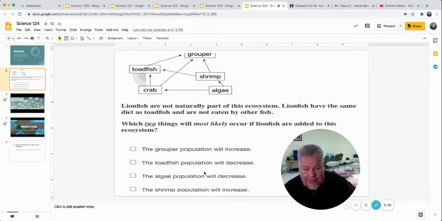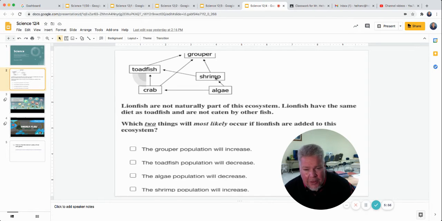The algae population will decrease. Why would it go down if there's more shrimp and crab being eaten? It would go up because there's less shrimp and crab eating it. The shrimp population will increase. No, because you've got toadfish and lionfish eating the shrimp.